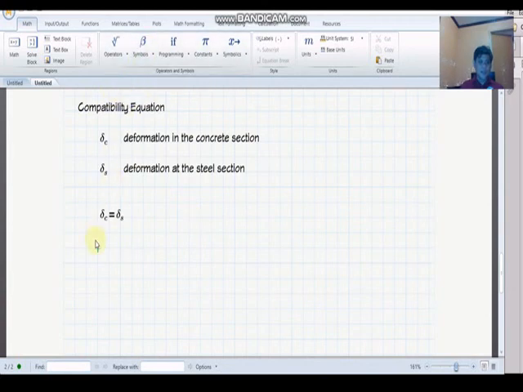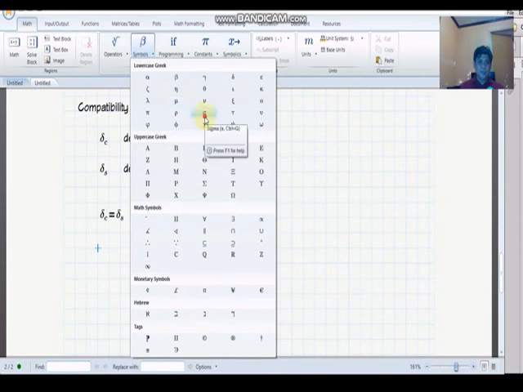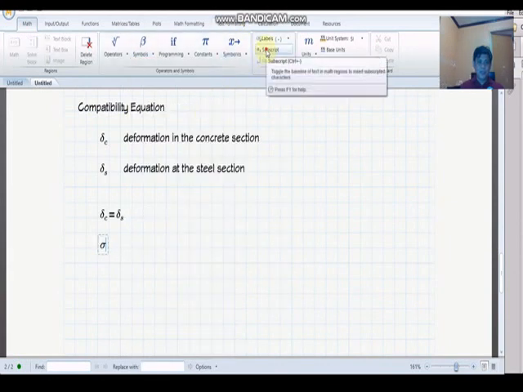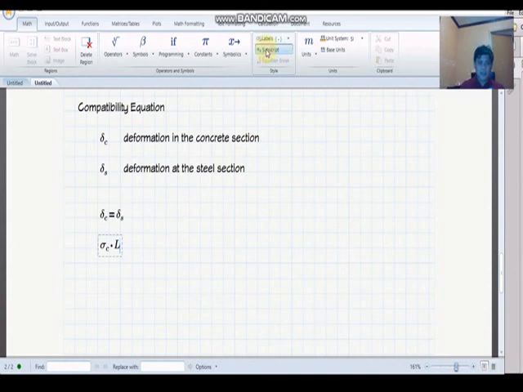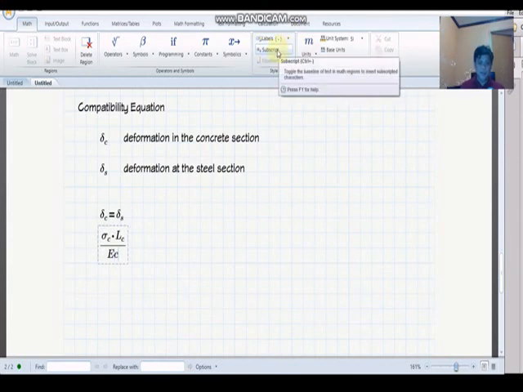So if you express this in terms of stress by using the formula stress times the length divided by the modulus of elasticity, for concrete we have sigma c times the length of your concrete section divided by the modulus of elasticity for concrete.